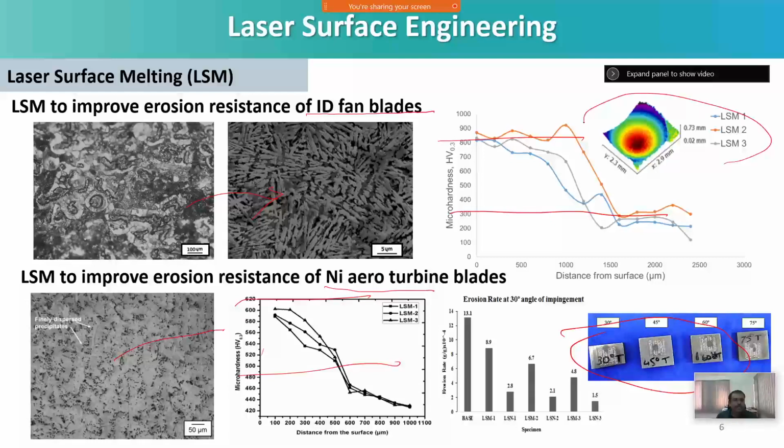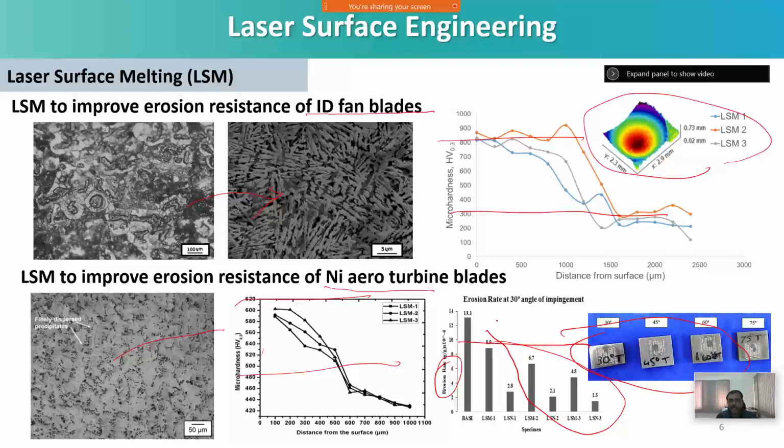We also used a white light interferometer to understand how the erosion happens when the particle hits at different angles, and we tried to categorize the erosion resistance. You can see that after surface modification or laser surface treatment, the rate of erosion has come down very rapidly, and it is proven that it is possible to apply this laser surface melting process to improve the erosion resistance.